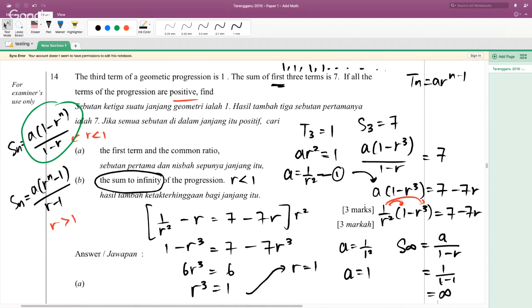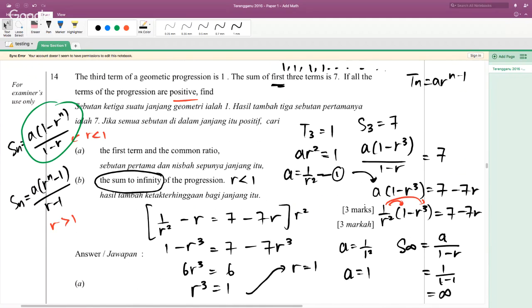Sum of first 3 terms, S3, is 7. Okay. If all the terms of the progression are positive, okay. Third term, sum of first terms. Oh, I see.